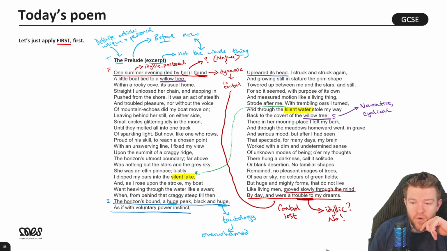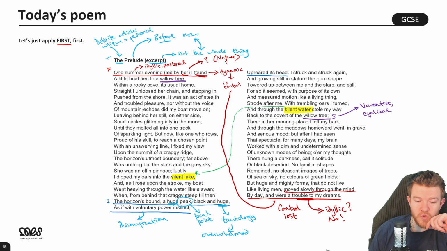And then, as if with voluntary power instinct, we have got obviously some personification or anthropomorphism of this peak. And that is kind of the centerpiece of the poem. This is kind of the focal point, if we're being artistic about it. It is what everything is drawn towards. So our eye is drawn towards the fact that this is probably the longest line of the poem.